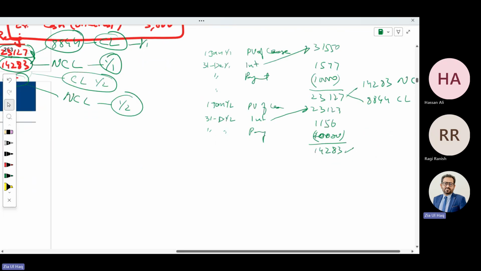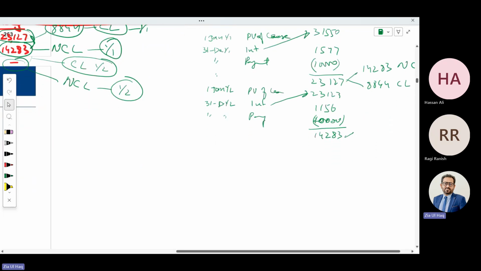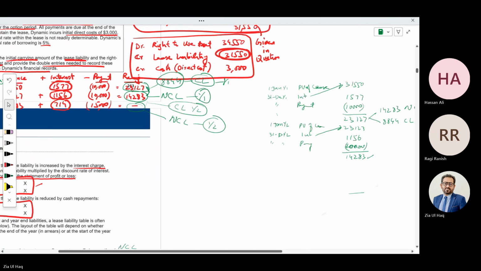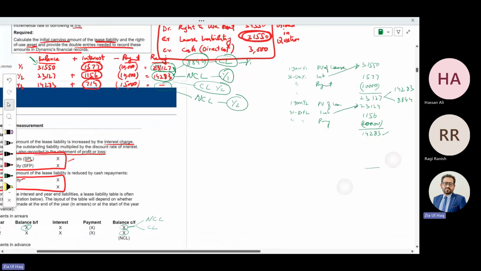In a similar manner, at year two, how much should be non-current liability and how much should be current liability? We need to calculate the year three liability. That will be the non-current liability for the year two balance sheet, and the difference will be the current liability.